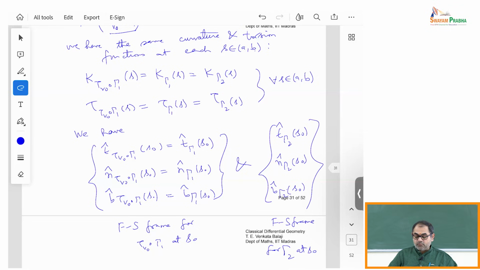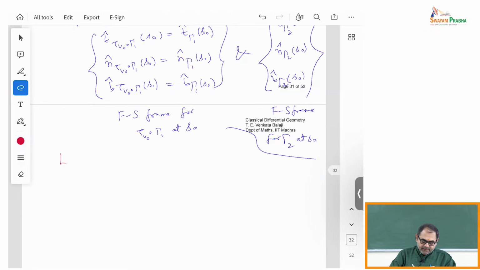Now both of these are two Frenet-Serret frames at the same point, and you can use an orthogonal rotation at that point to move one frame to the other. So there is a rotation that I can do.